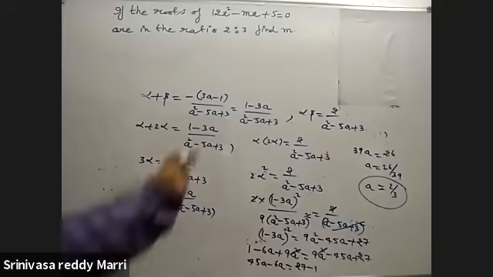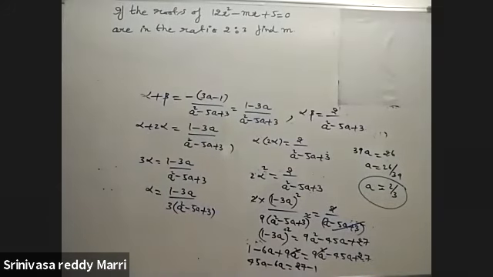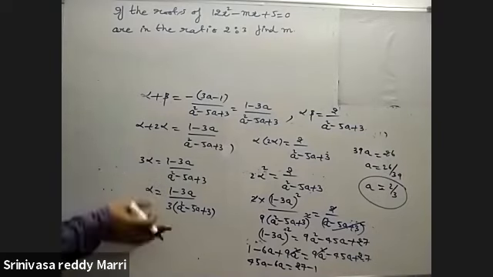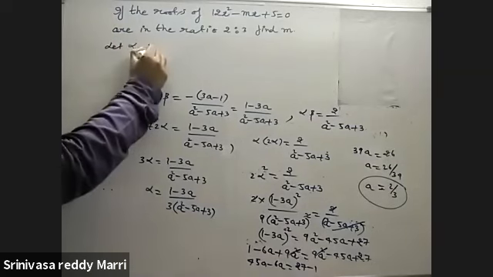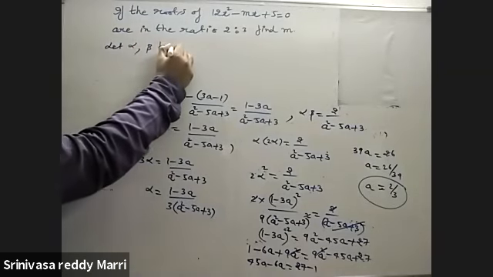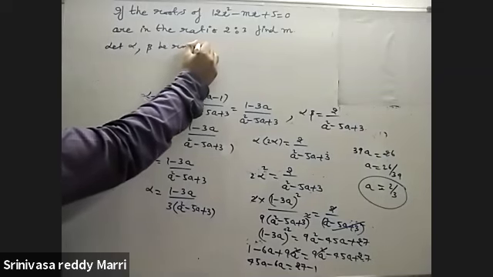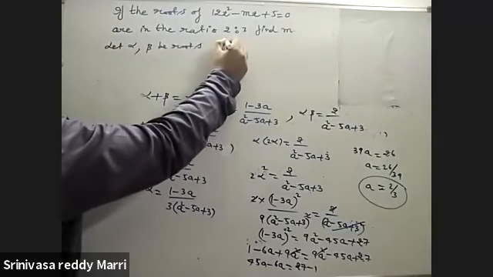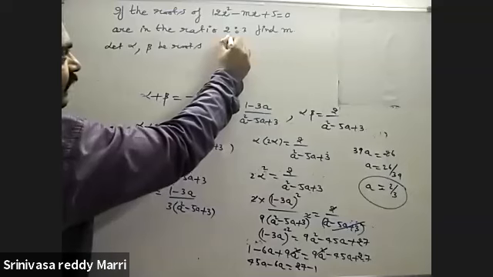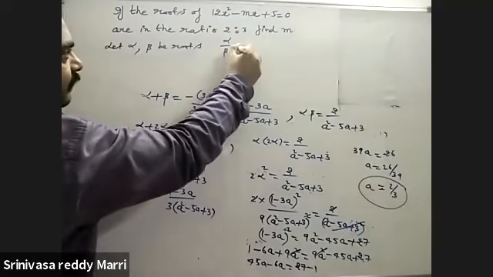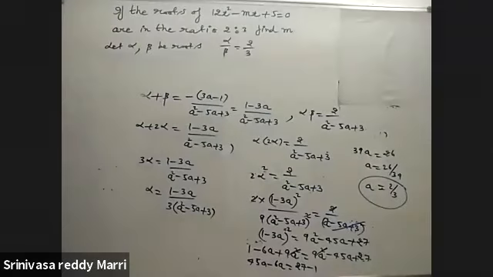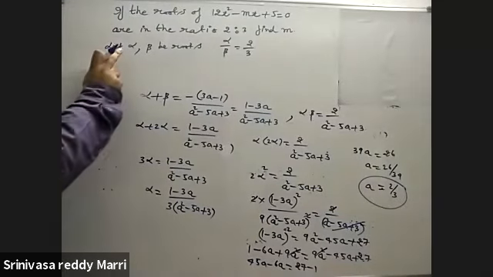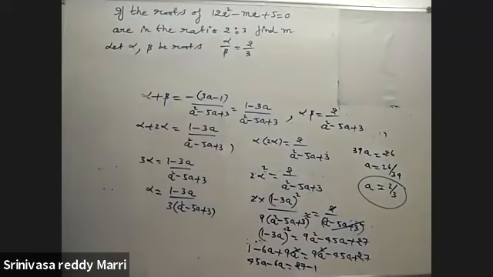So the roots given are in the ratio 2:3. Our approach will be like this only. Let alpha, beta be the roots. The ratio of the roots is given, so alpha by beta is nothing but 2 divided by 3.